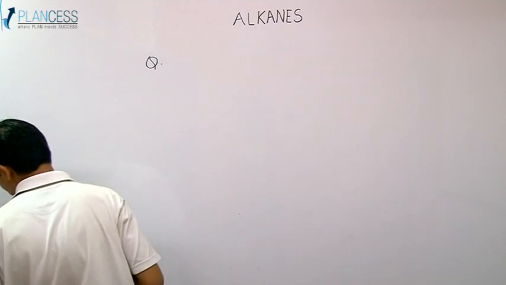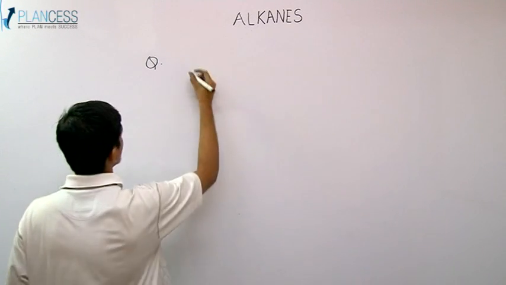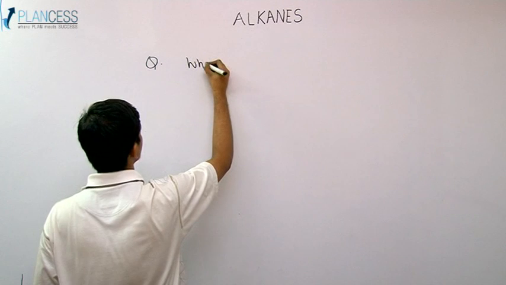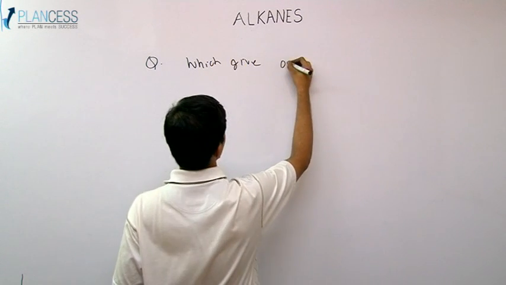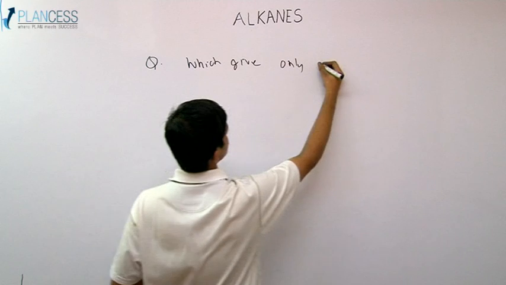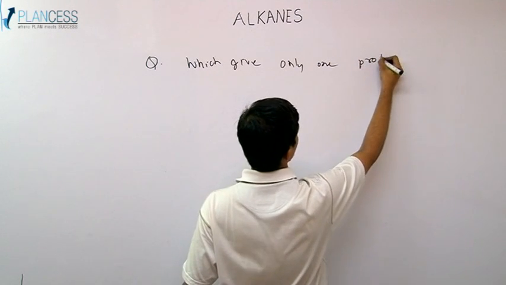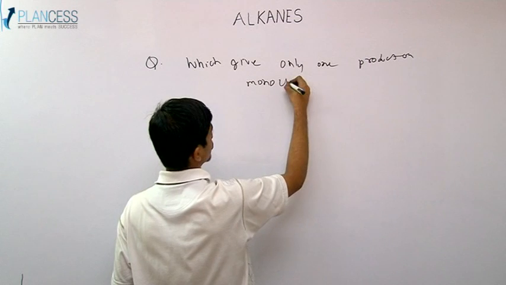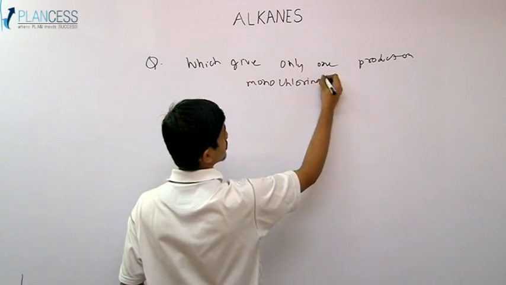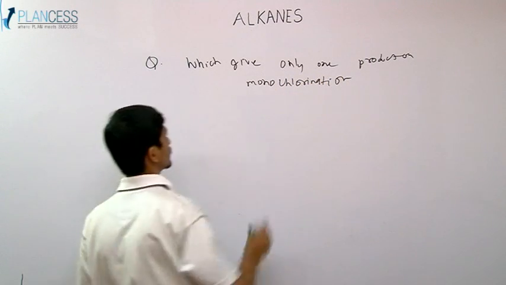The next question says that out of the following compounds, which gives only one product on monochlorination. Fine.